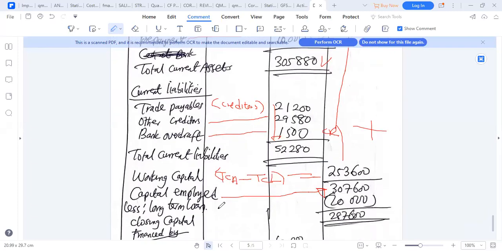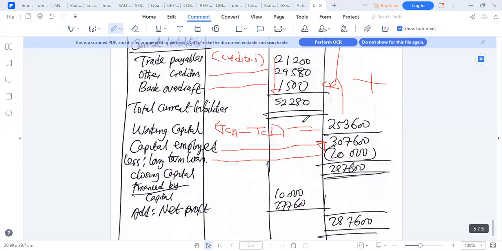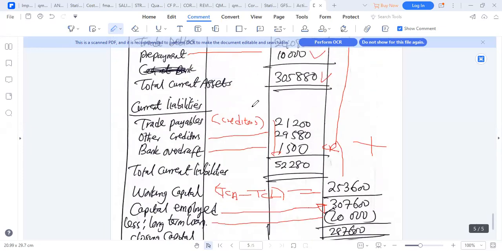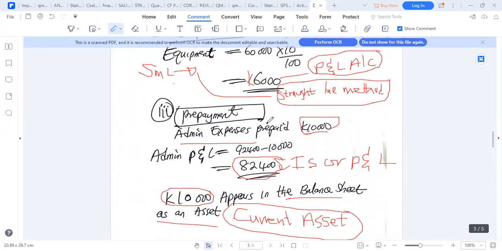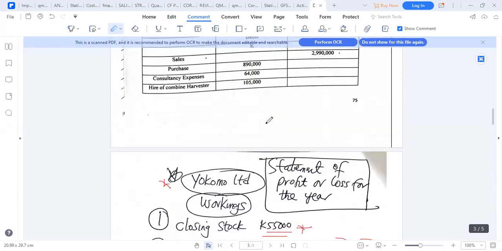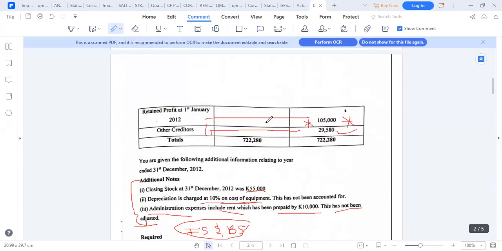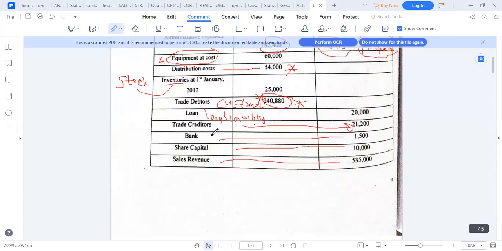Then, from capital employed, we deduct the long-term loan. The long-term loan in this question paper is a 20,000 kwacha loan, which is a long-term liability.